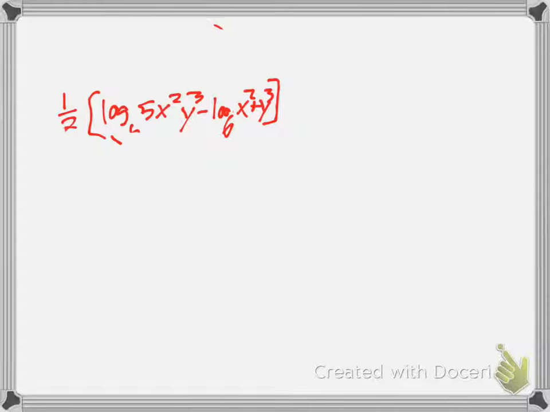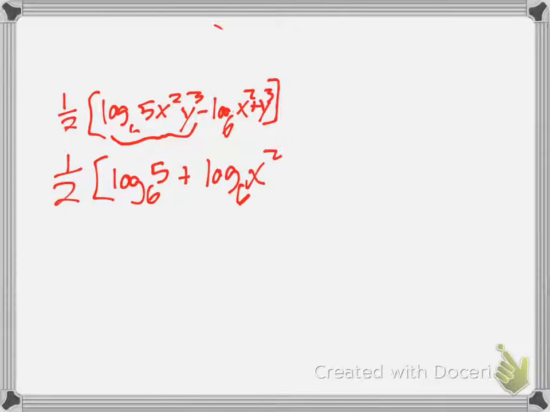That first log inside the parentheses, after we did the log of the numerator minus the log of the denominator, has a product in it, so we have to split that up. So that log base 6 needs to be split up: you're taking the log base 6 of each part of that product, log base 6 of the 5, plus log base 6 of the x squared, plus log base 6 of the y cubed.